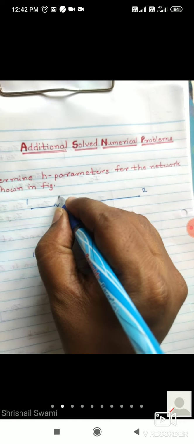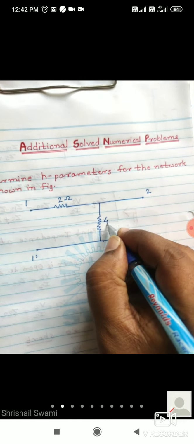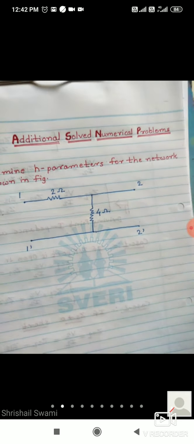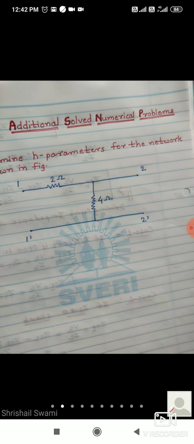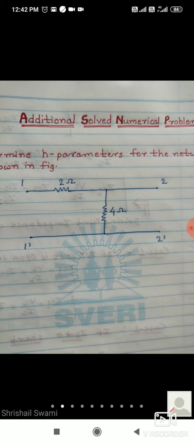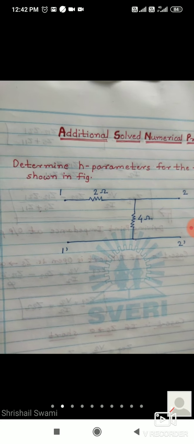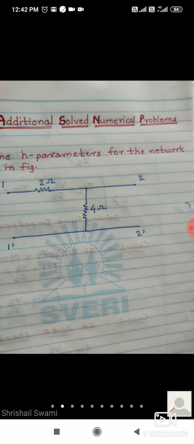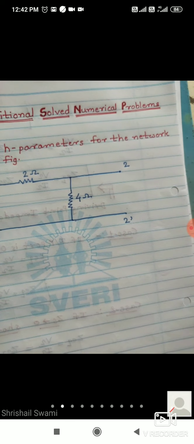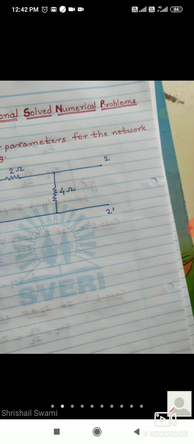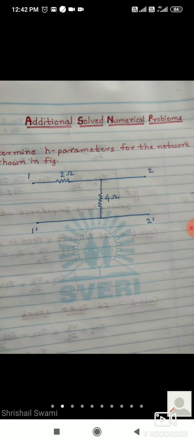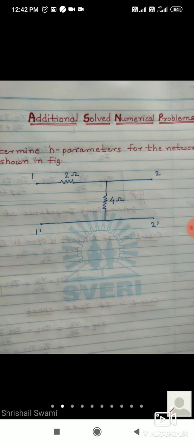The resistor is 2 ohm and this resistor is 4 ohm. So how to solve this problem? Only 2 resistors are there and you have to find h parameters for the given network. We have solved problems on h parameters already, so how to start?